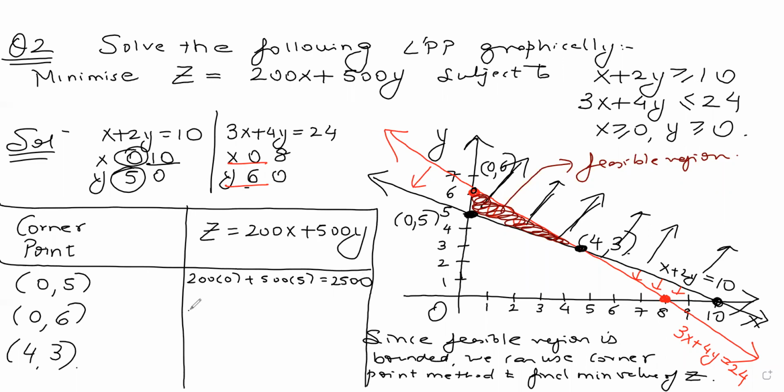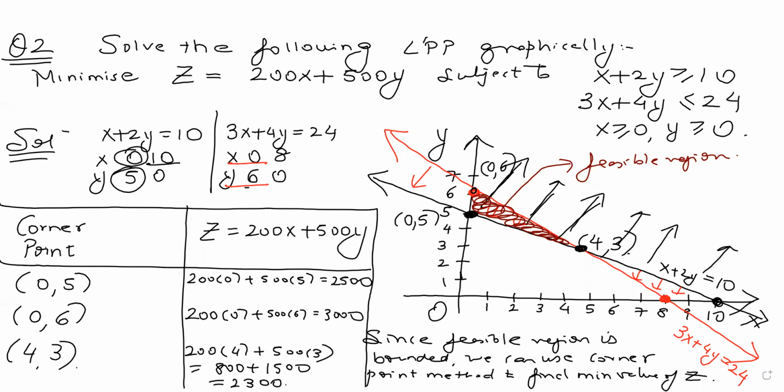Put 0, 6 in the function. 200 into 0 plus 500 into 6, which is 3000. Put 4, 3 in the function. 200 into 4 plus 500 into 3, which is 800 plus 1500, which is 2300. So clearly, guys, you can see the objective was to minimize. So what is the minimum value of z?